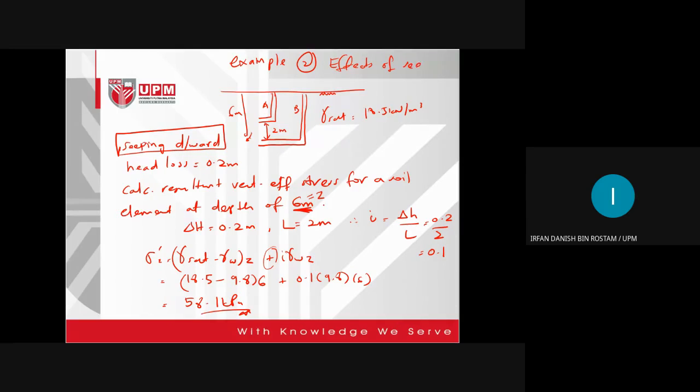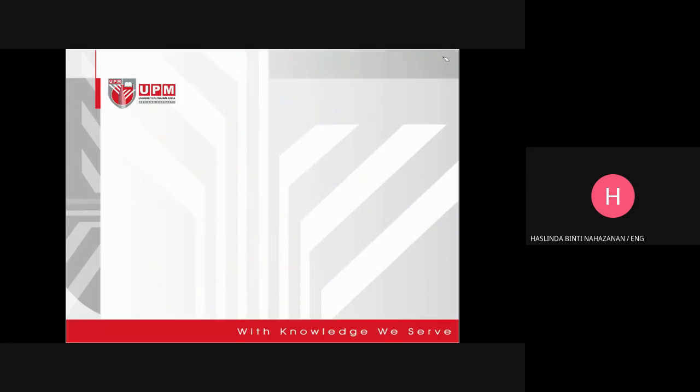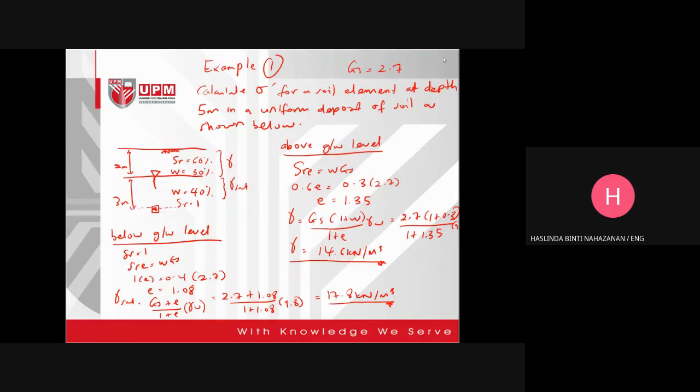The first example is for multi-layered soil. This one is effects of groundwater level, effects of water table.